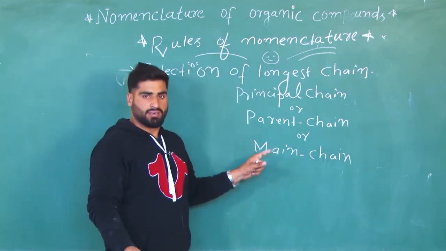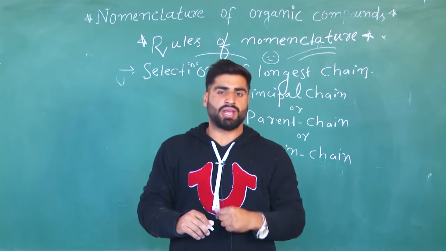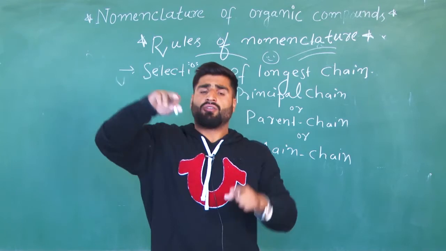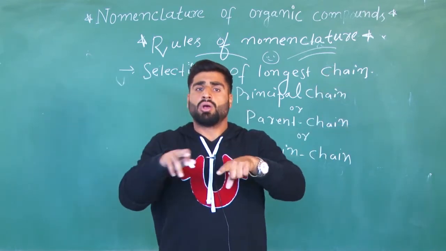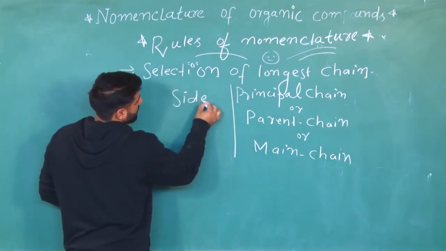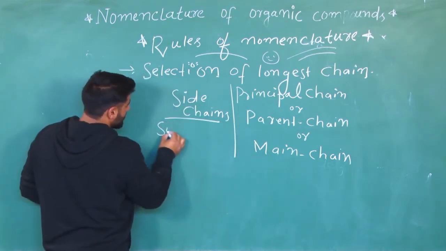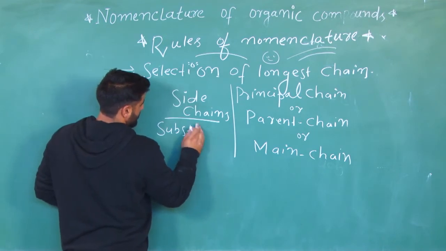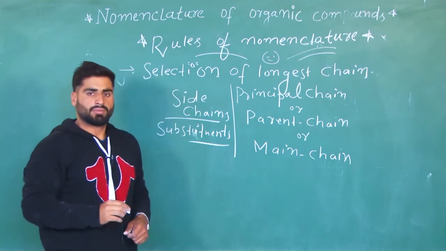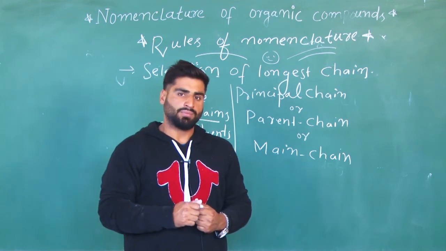And the carbon chains that are excluded from the longest possible parent chain are known as side chains. Side chains are also known as substituents. I will clear this concept with a very simple example.